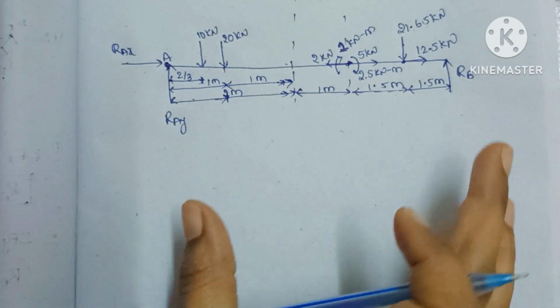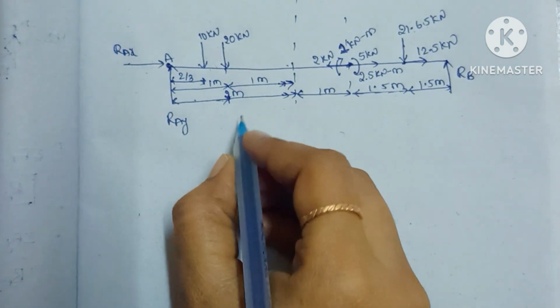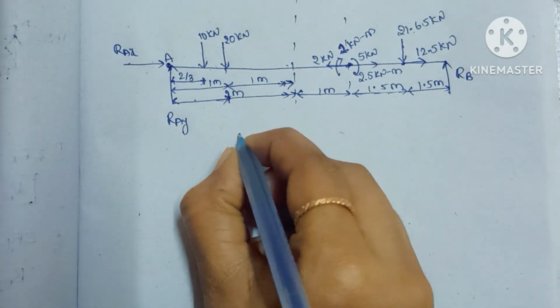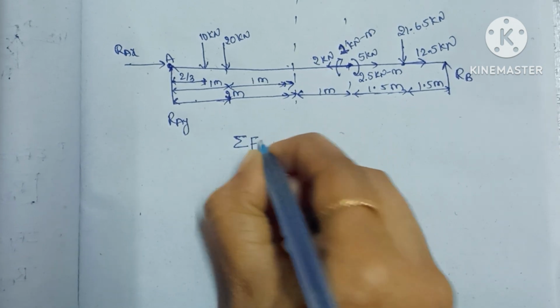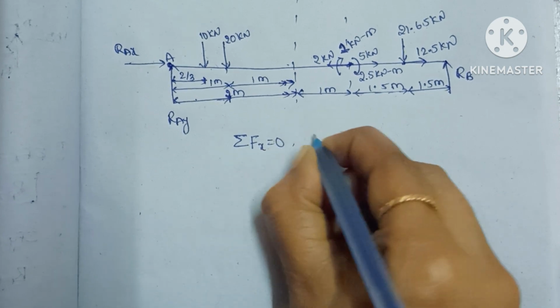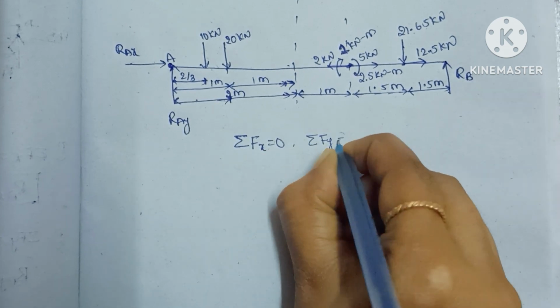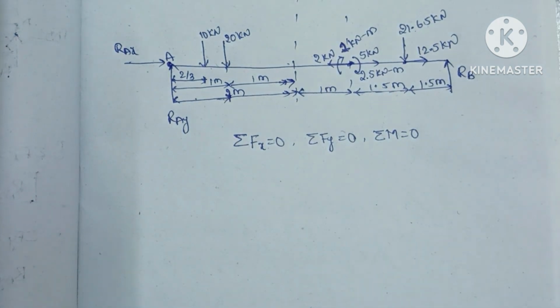So this is the free body diagram for the given problem. For solving, we know the static equilibrium equations, that is sigma forces acting in the x direction is 0, sigma forces acting in the y direction is 0, and sigma moments at a point equal to 0.